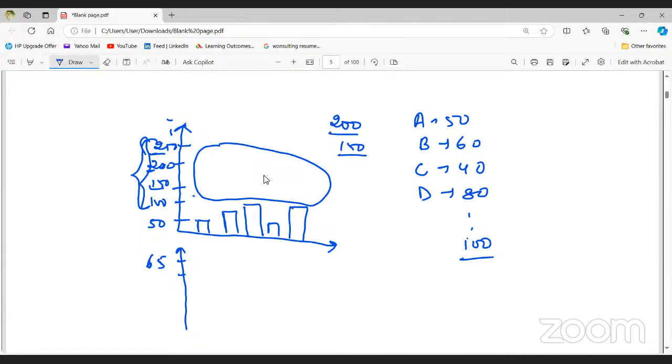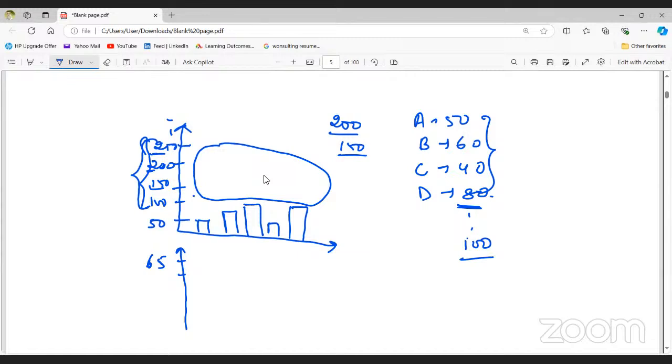You should not make a graph in which the values are very far away from the data. So the axis values should be sensible to the data given. Okay, ma'am.